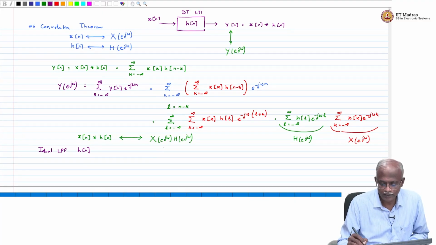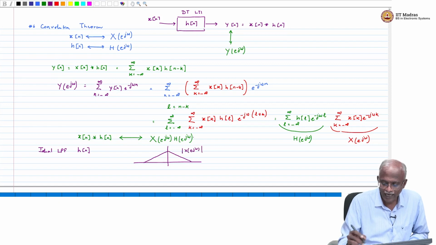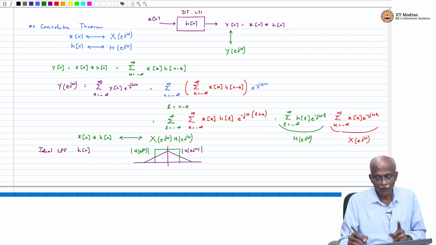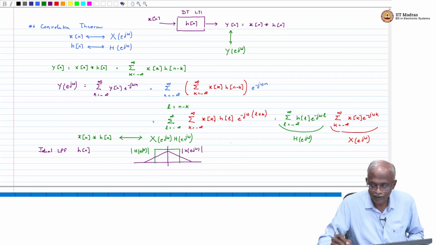On the other hand, if I look at the frequency domain, if this is the magnitude of X e of j omega, and the ideal low pass filter is here, this is H e of j omega. The product of these two then gives the result.